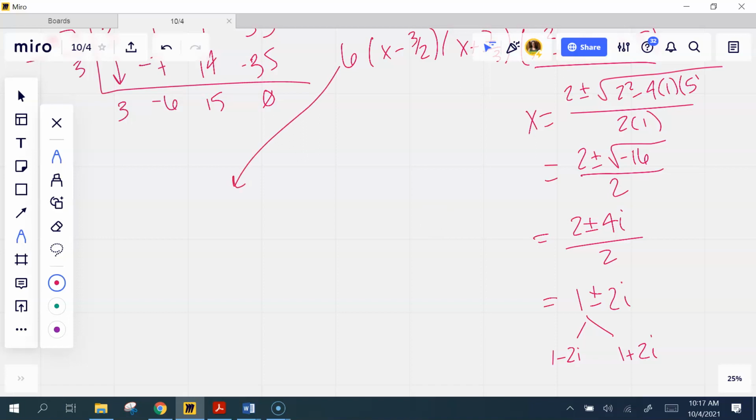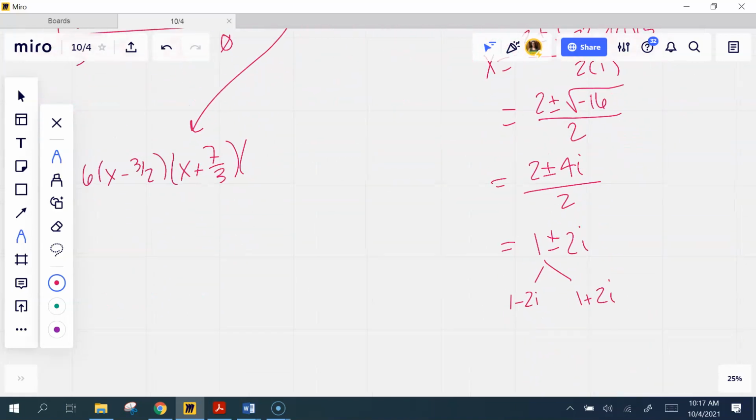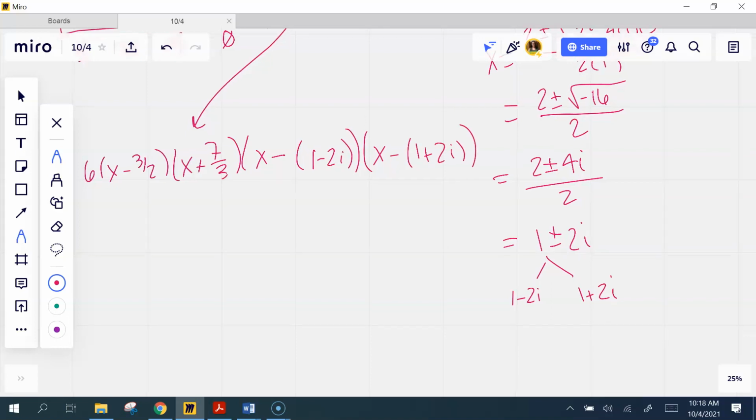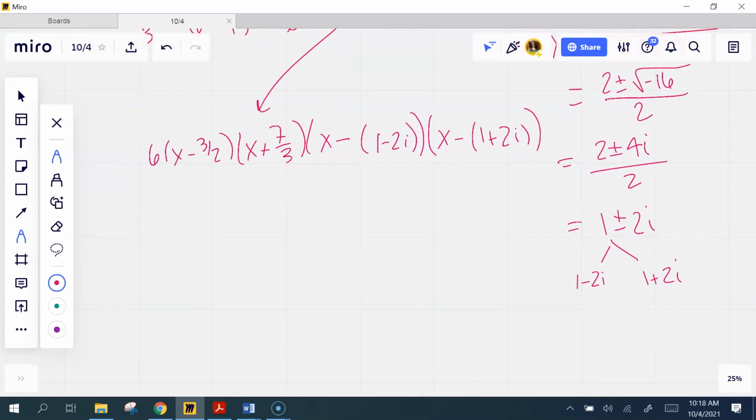So now I have 6 times x minus 3 halves times x plus 7 thirds times x minus 1 minus 2i, times x minus 1 plus 2i. Does that make sense? That's it.